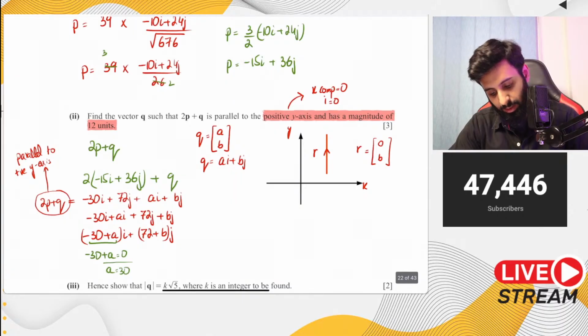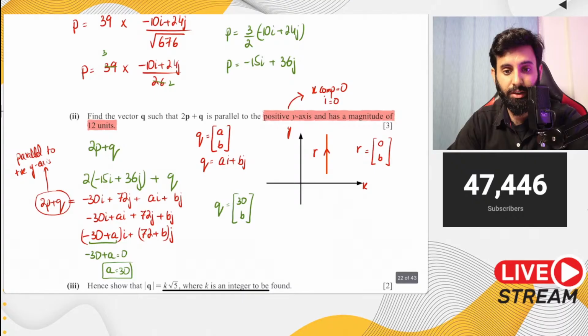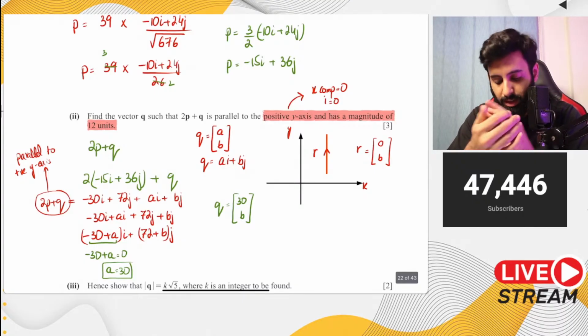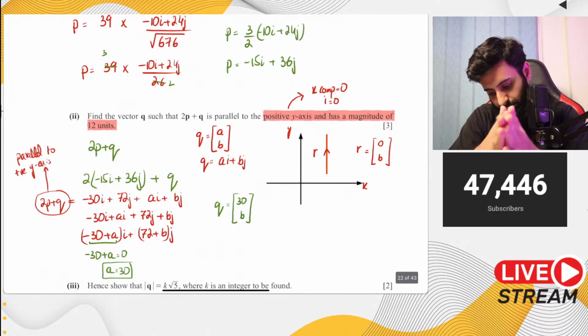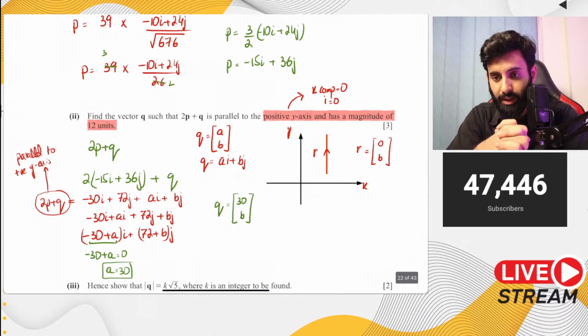So I have the value of a. That means here's what I know about q so far: the components of q are 30 and b. Now the question is, how can I find out the other component? How can I find out b?